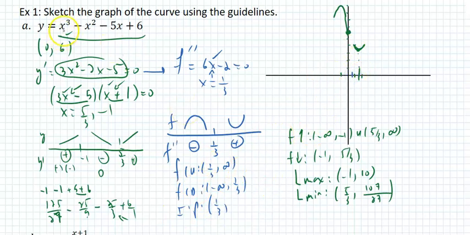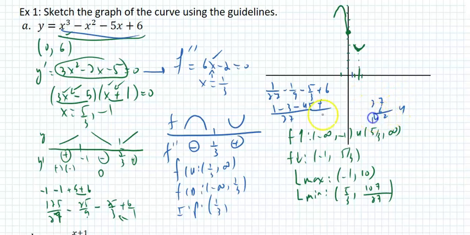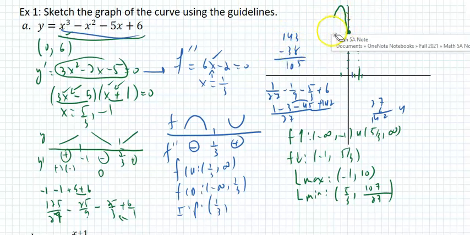So if I plug that in, that would be 1 over 27 minus 1 over 9 minus 5 over 3 plus 6. That would be over 27. That is 1 minus 3 minus 45, plus 27 times 6. So that is about 105 divided by 27.